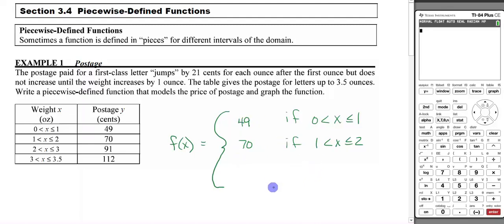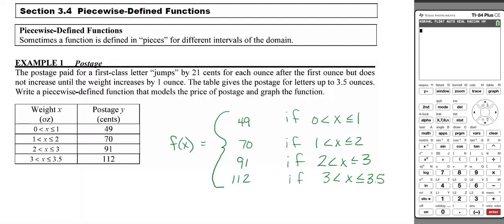It would be 49 cents for every 1 ounce package. Continuing, we have 91 cents if 2 is less than x, which is less than or equal to 3. 112 cents, or $1.12, if 3 is less than x is less than or equal to 3.5.